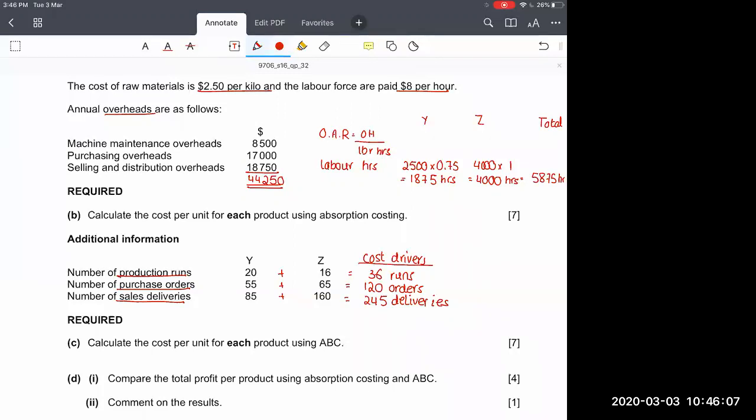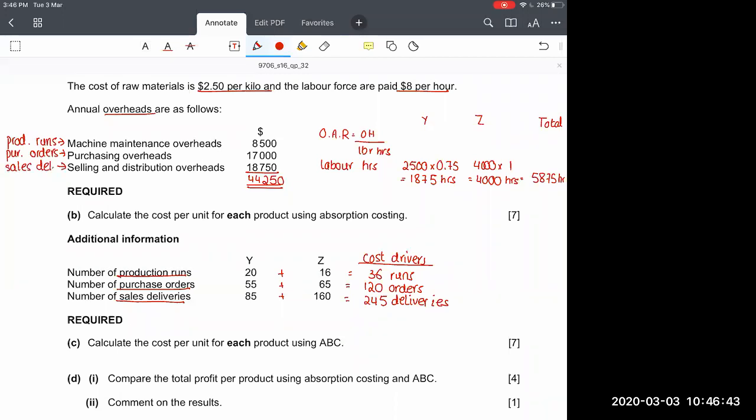Now, machine maintenance overheads 8500 the given है. इसे हमें किस basis के ऊपर distribute करना है? कौन से cost driver को हम use करेंगे? We will be using the production runs. Purchasing order की overheads के लिए we will be using purchasing orders. And selling and distribution overheads के लिए we will be using sales deliveries.